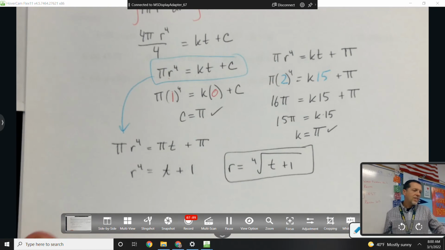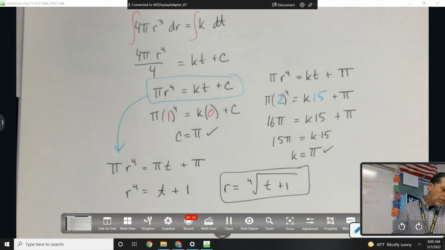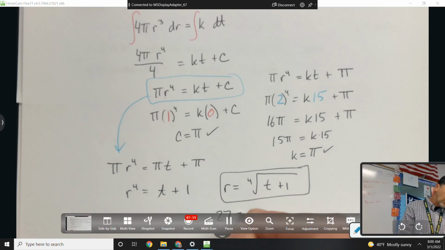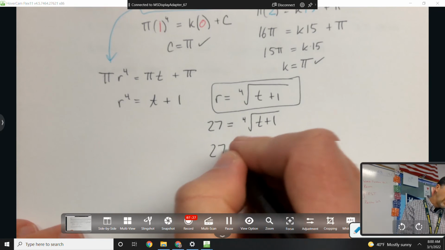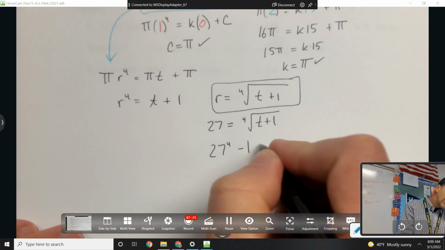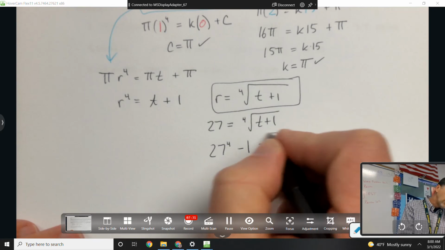And then lastly, at what time will the volume of the sphere be 27 times the volume at t equals 0? So when r is 27, find t. How about 27 to the fourth minus 1?